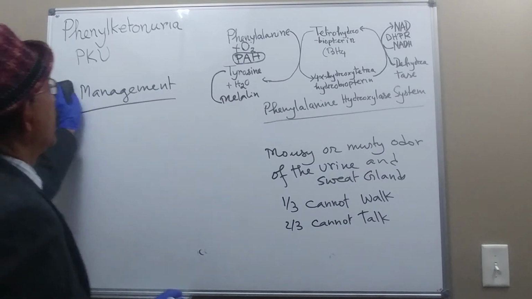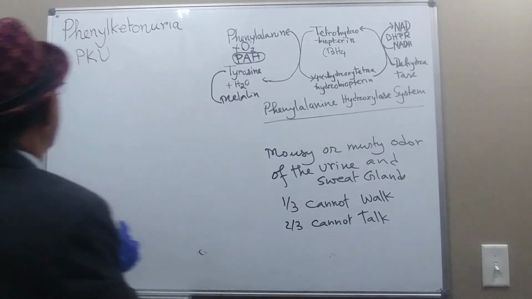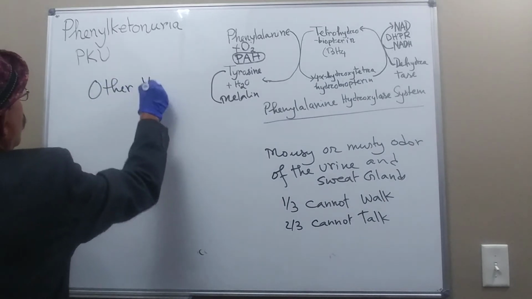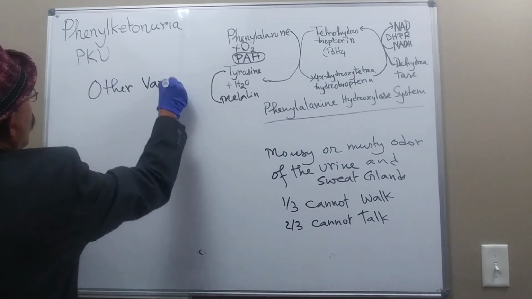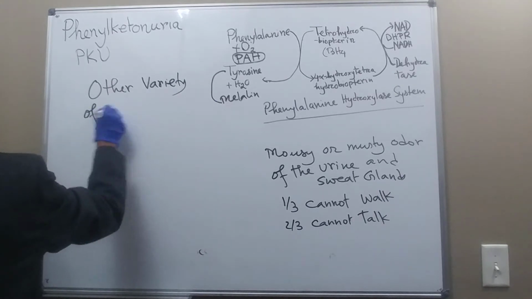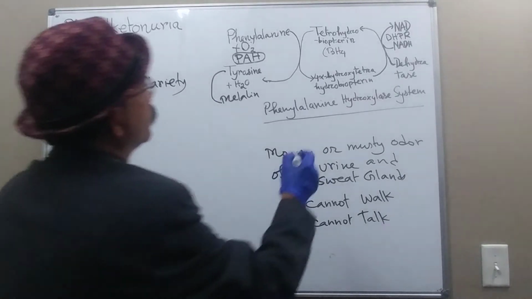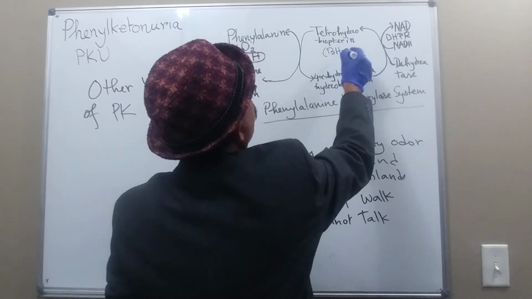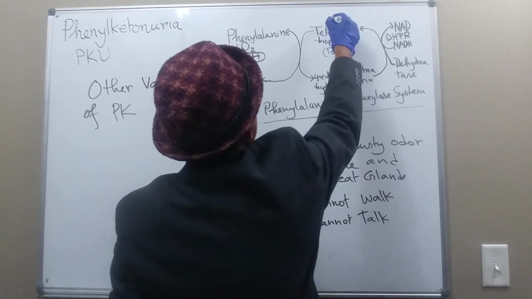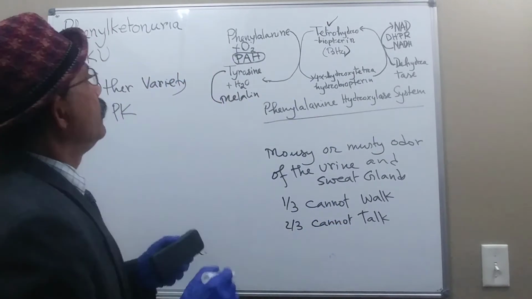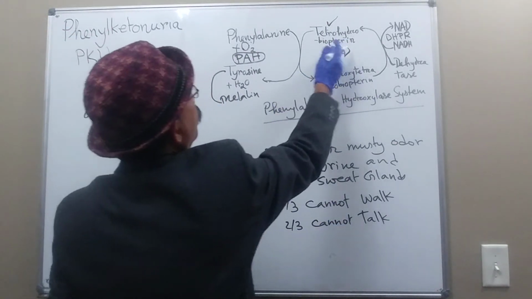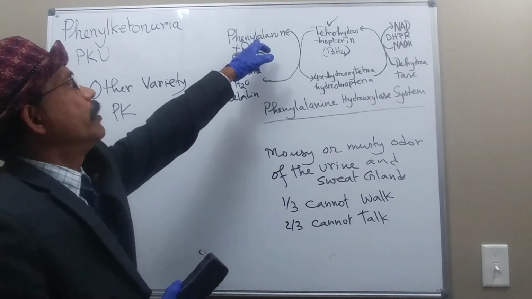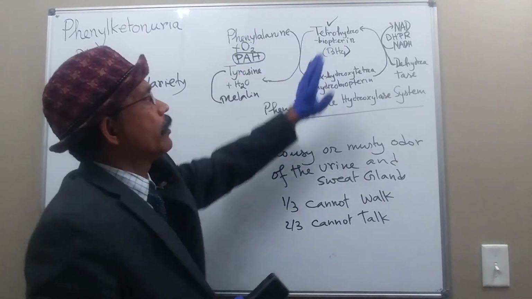We have other varieties of PKU. There may be a defect in tetrahydrobiopterin, or BH4, which works as a cofactor for hydroxylation of phenylalanine.